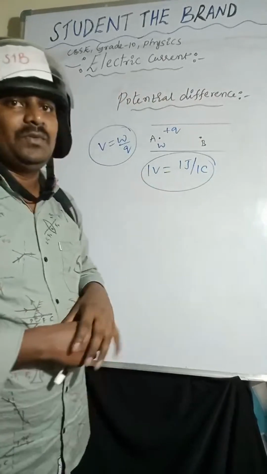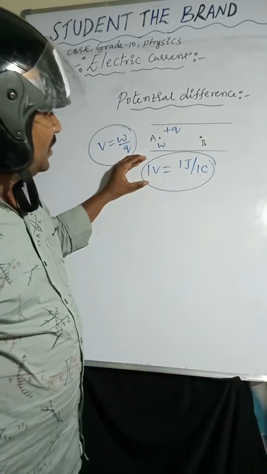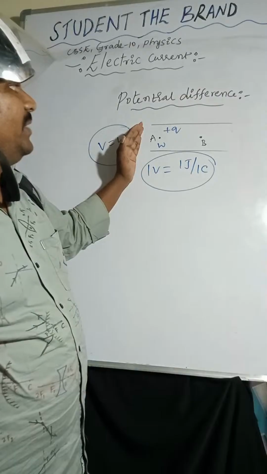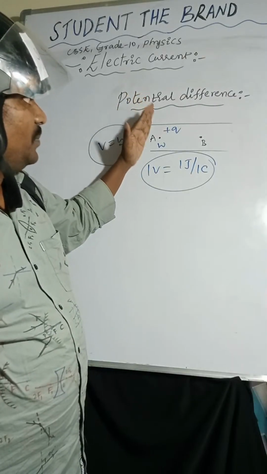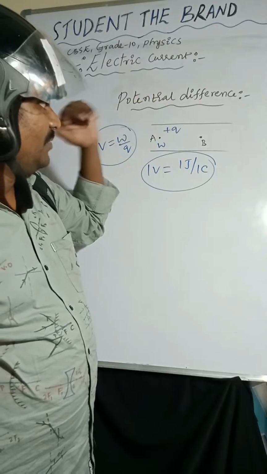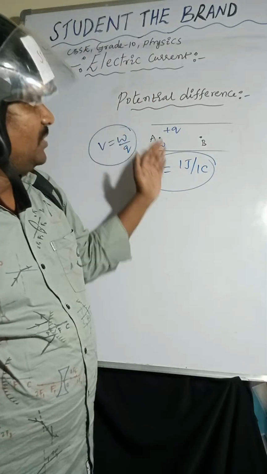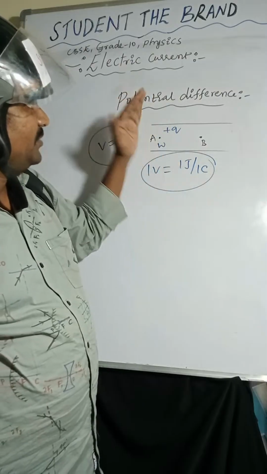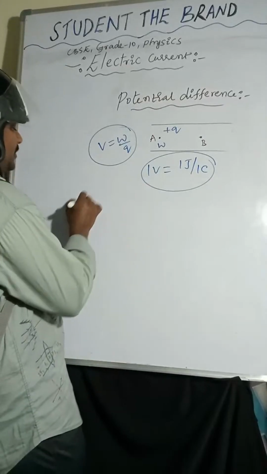That is called 1 volt. Clear? So once again, 1 volt is defined as 1 joule of work done to bring 1 coulomb of charge from one point to another point. Okay, done.